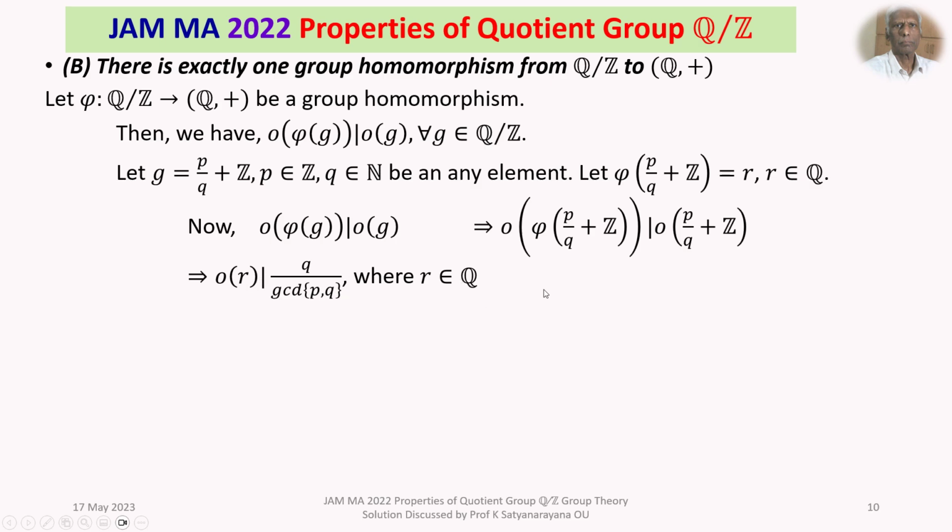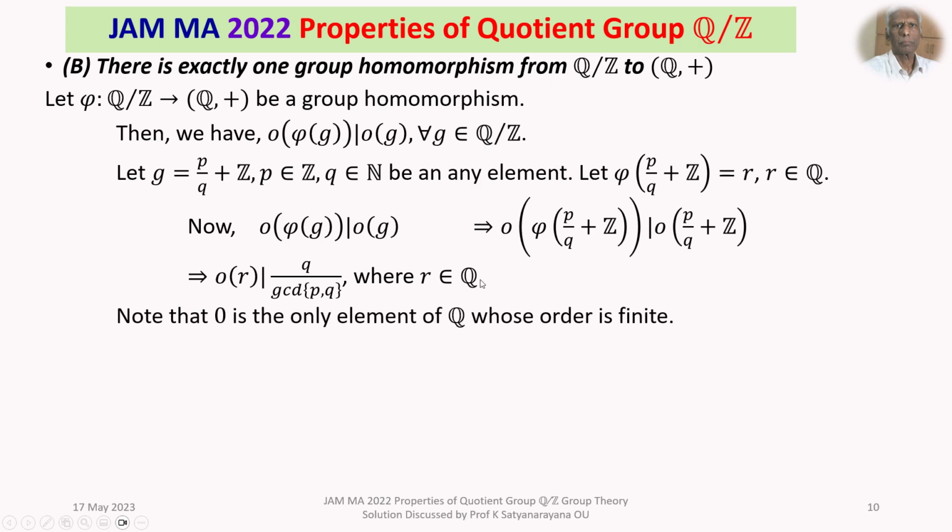Now note that in Q, 0 is the only element whose order is finite. The others all have infinite order.